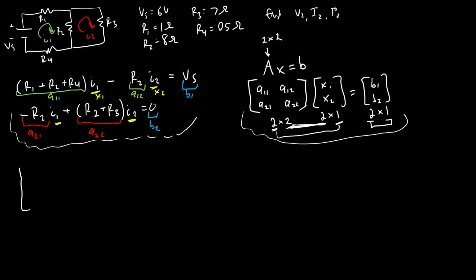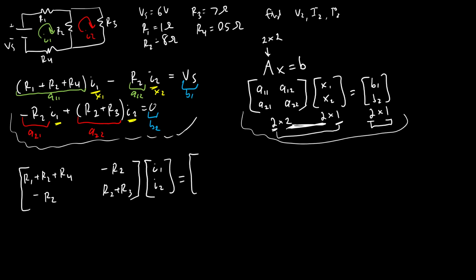So you can write this as R1 plus R2 plus R4, negative R2, again, don't lose track of your minus signs, negative R2 again, and then R2 plus R3, times little I1, little I2, equals B1, B2, which is VS 0.